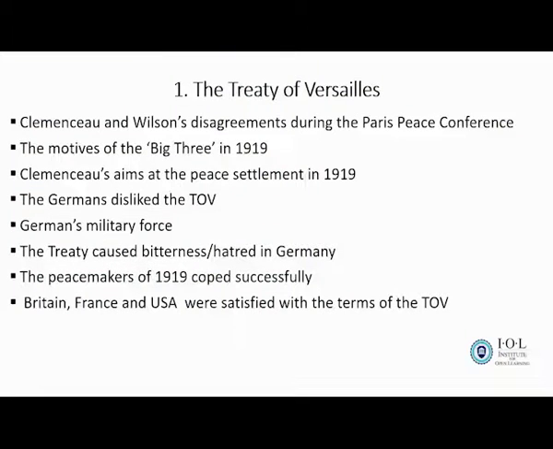He also wanted land to be taken from the Germans. The main aim was to make Germany a weak country. He said the land should be taken from them, their soldiers should be reduced, and they should pay heavy reparation for the damage that they had caused.